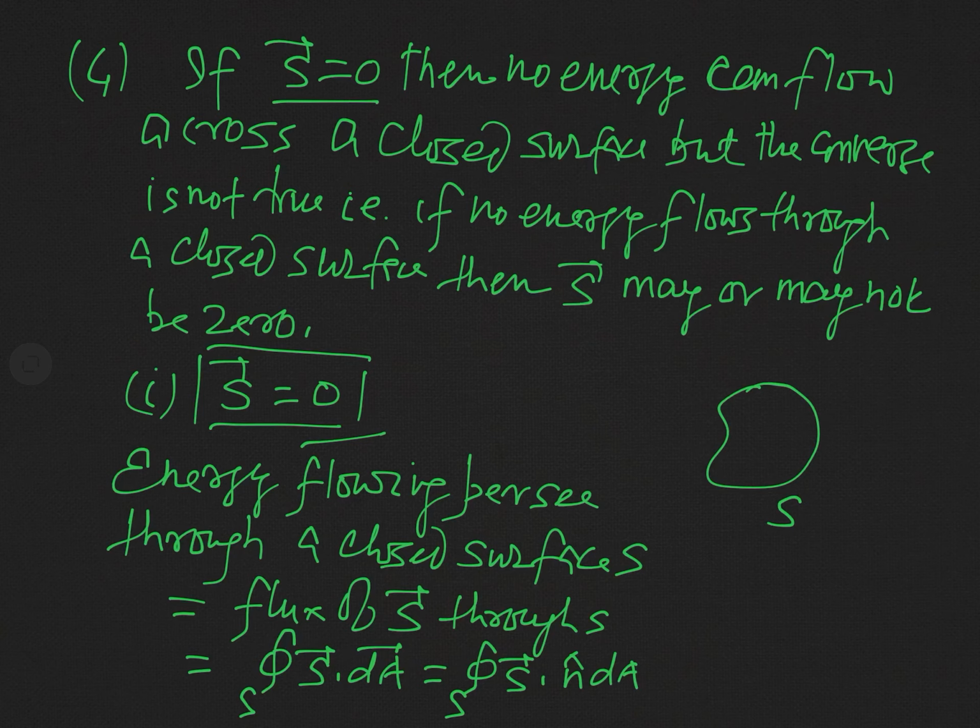And in case of a definite integral, if the integrand is 0, the result is 0. So this is equal to 0 because S is equal to 0. So we can see that when the Poynting vector is 0, then actually through any closed surface the net flow of energy is equal to 0.